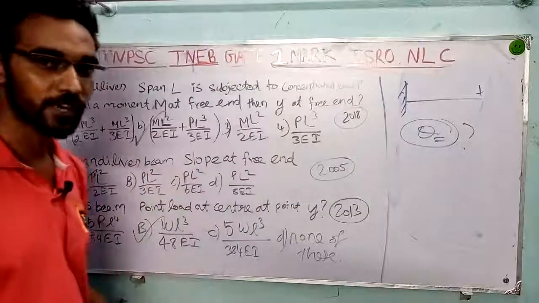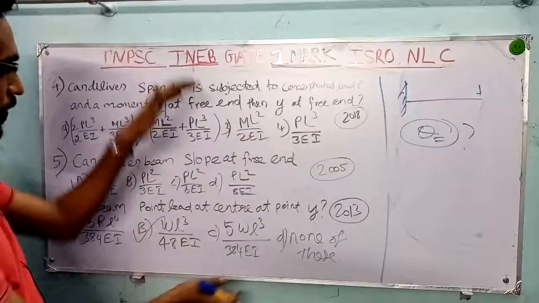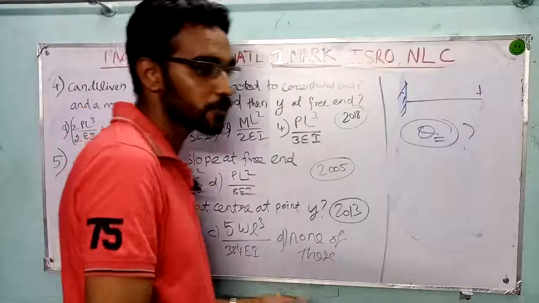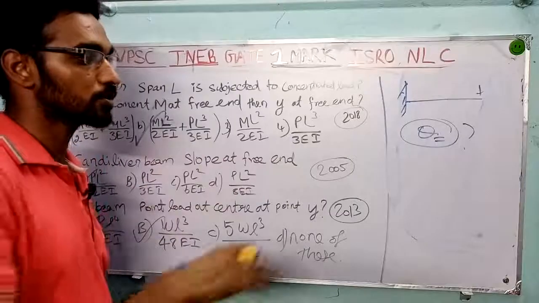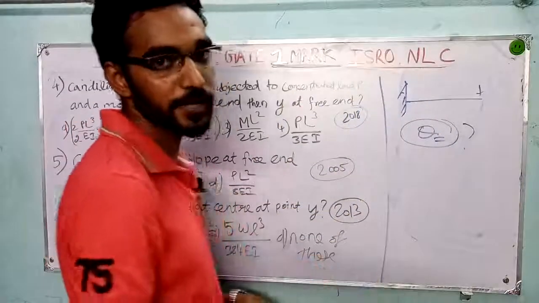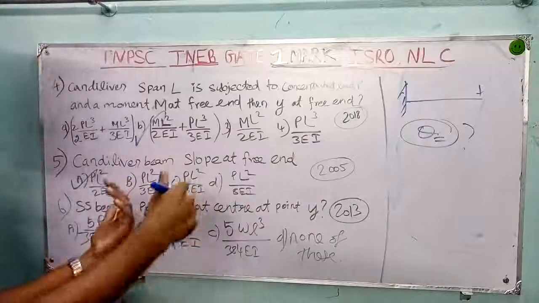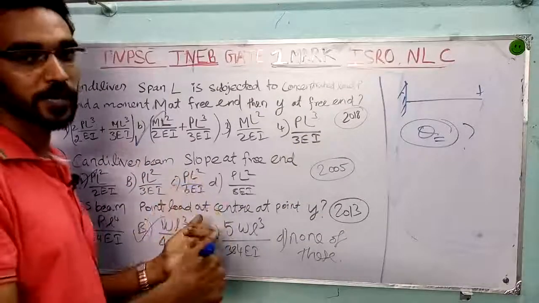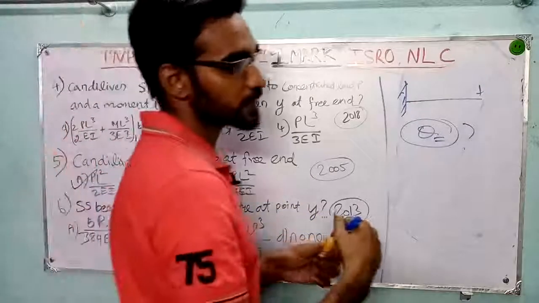So what I say to you is, in the TNEB AE exam, I will give the part 2 standard table, and you memorize that standard table and directly get the answer. That is the only way you gain the score. Don't go through all the steps.